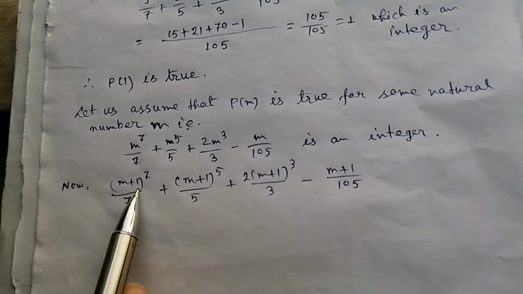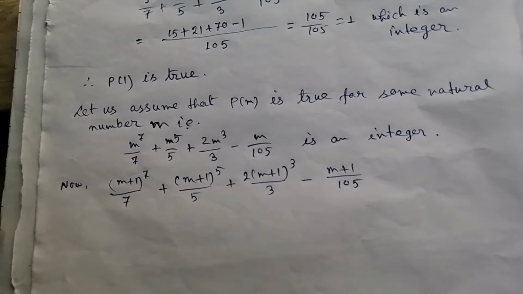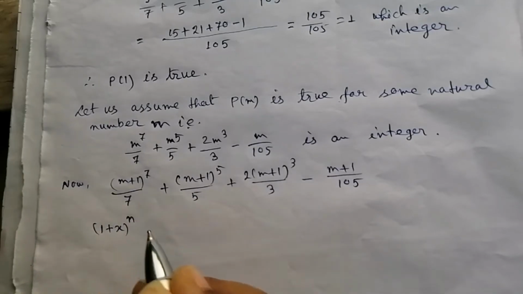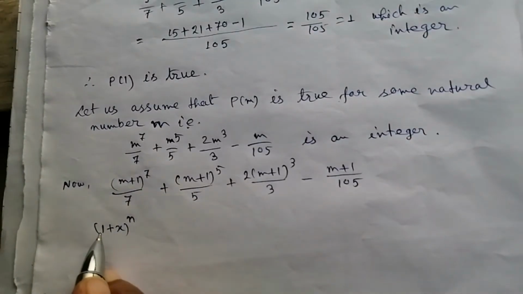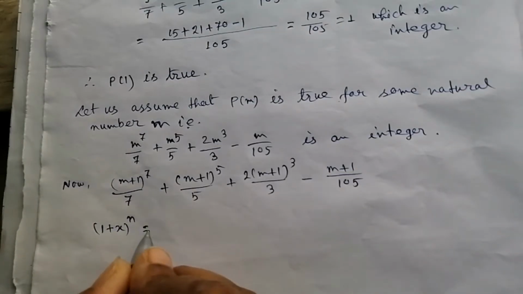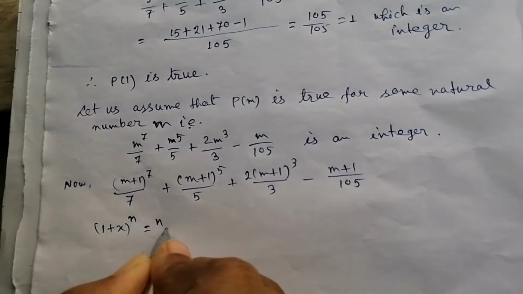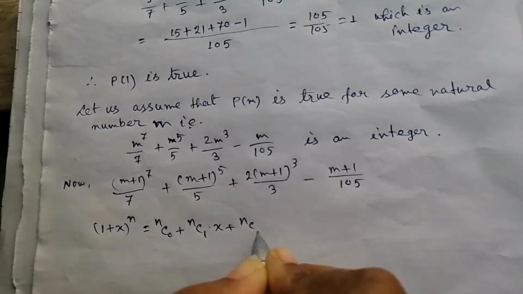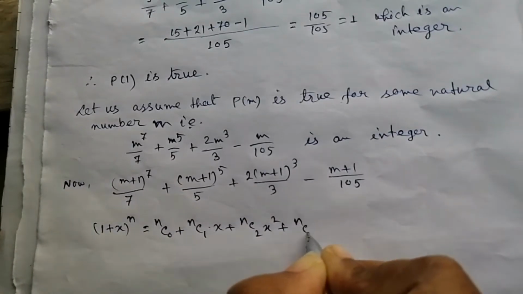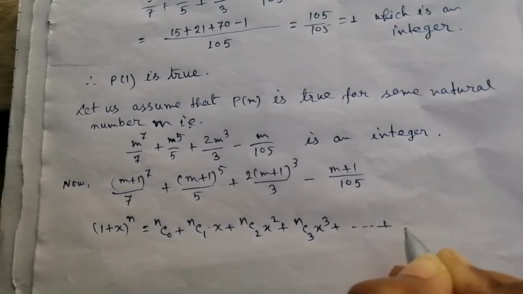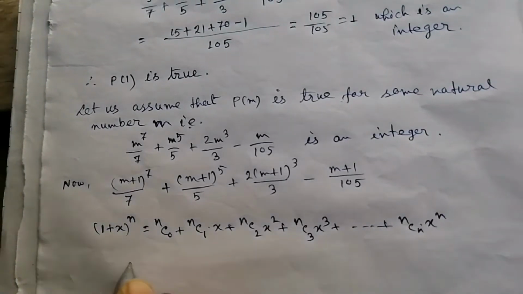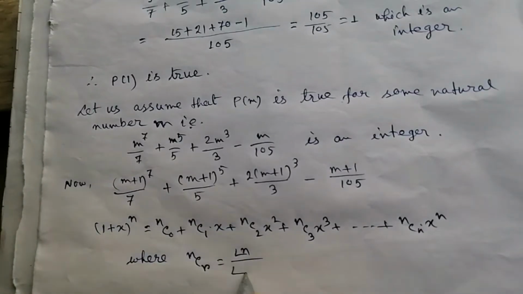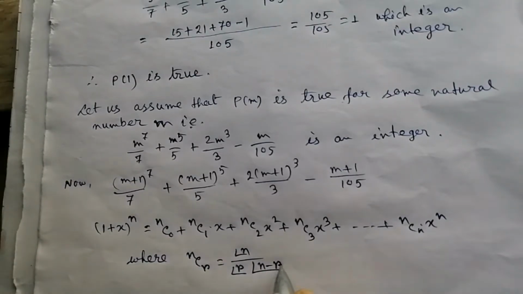Now what is the value of 1 plus m whole to the power 7? That is 1 plus x whole to the power n. What is the binomial expansion of 1 plus x whole to the power n? It is equal to nc0 plus nc1 x plus nc2 x square plus nc3 x cube plus and so on plus ncn x to the power n, where ncr means factorial n divided by factorial r into factorial n minus r.